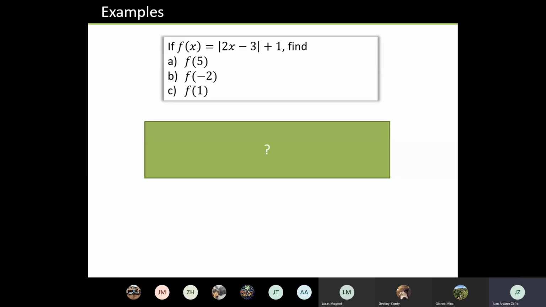So here's a function, and let's look at what it is. What it says is that you take an input value x, and remember x could be anything, then we multiply it by 2, then we subtract 3, then we take the modulus of that result, and then we add 1. So what happens if we take those numbers? Just have a look.